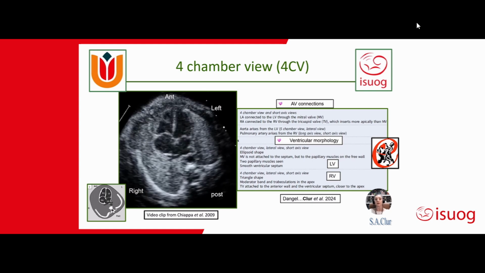A right ventricle is slightly more trabeculated. It has a moderator band, and the tricuspid valve inserts on the side of the septum, whereas the mitral valve has a connection to the papillary muscles and does not have a connection to the interventricular septum.